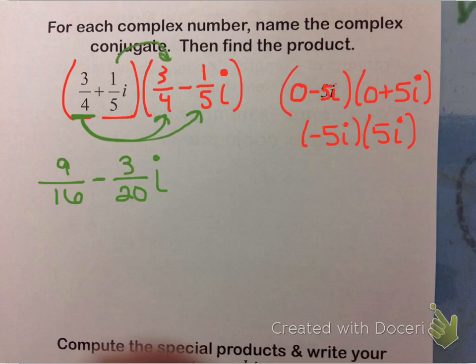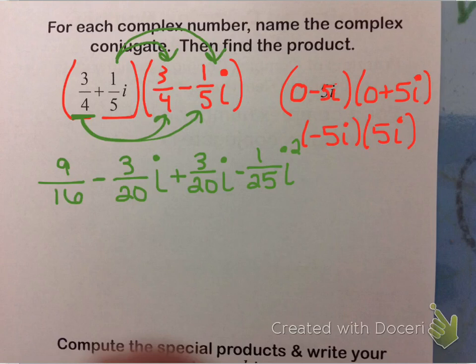My inner terms, 3/4 times positive 1/5 gives me positive 3/20 i. And then the last terms right there, I've got 1/5 times negative 1/5, so I've got negative 1/25, and then i times i is i squared.